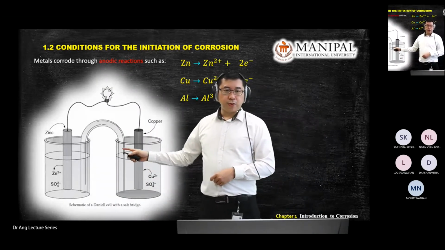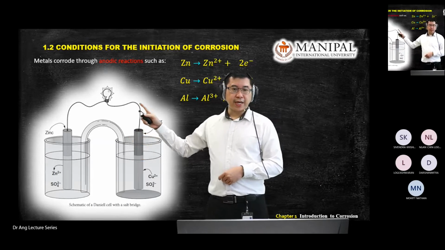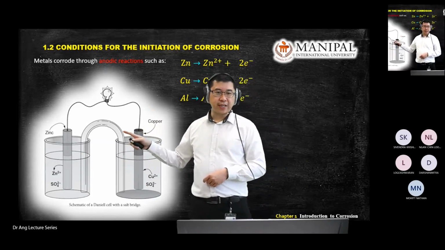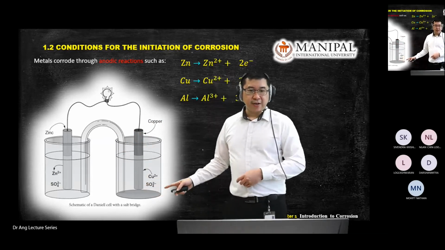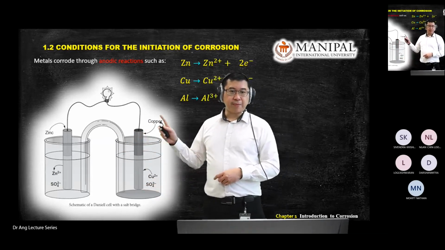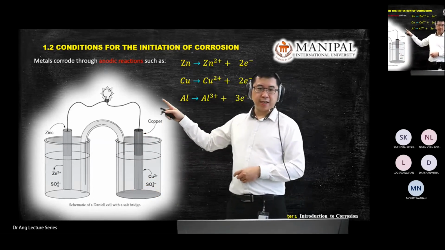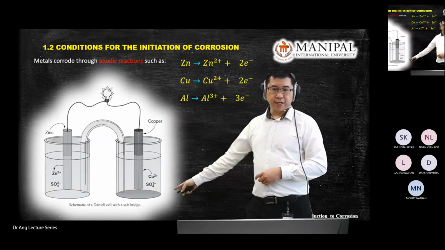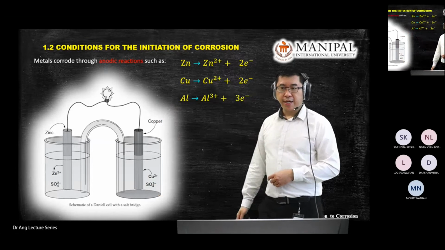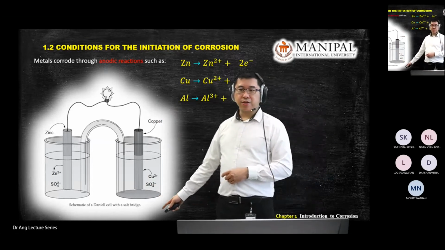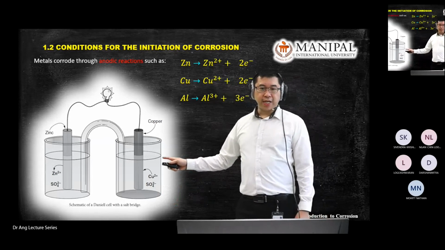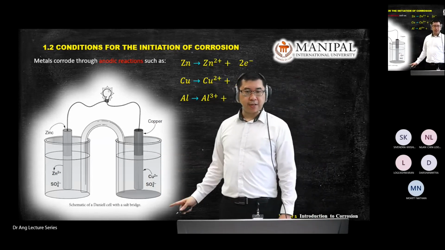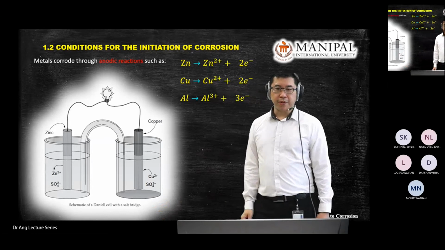If you use wire and a bridge there, I think you learned this before in your SPM chemical class, where you will see the light bulb light up because of the bridge and so on. And this one we call Daniel cell, that you learn in your SPM chemical class.